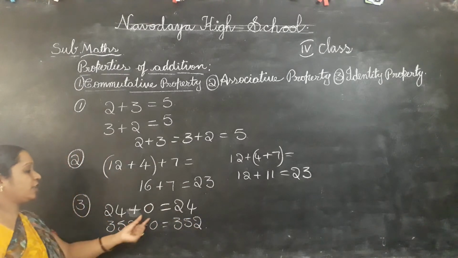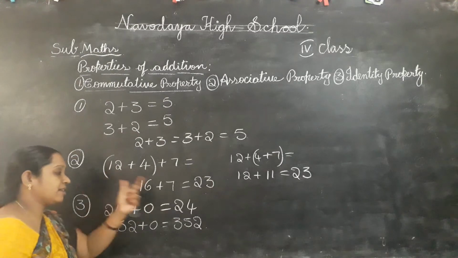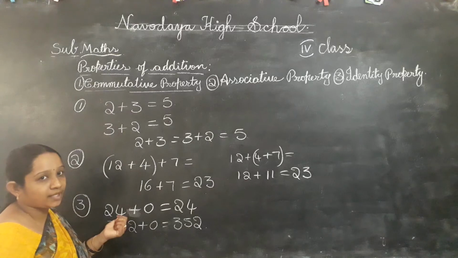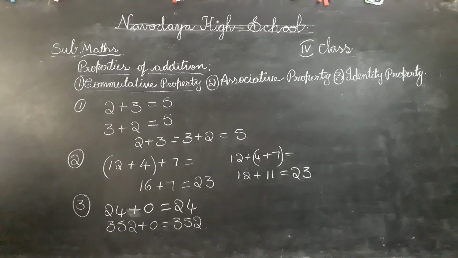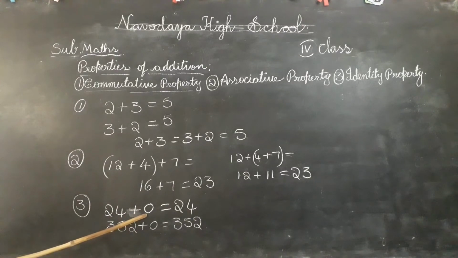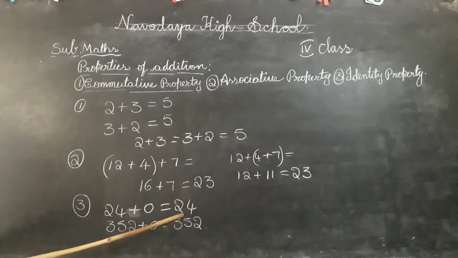If you add 0 to any number, the number itself. This is called identity property. Okay, children? Adding 0 to a number does not change the identity or value of the number. This property is called identity property of addition.